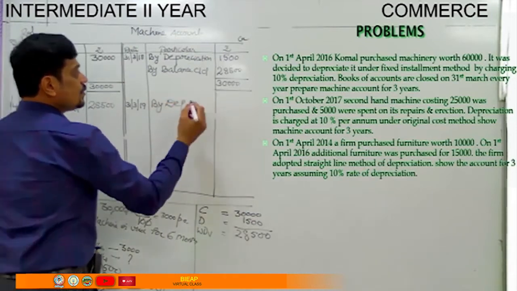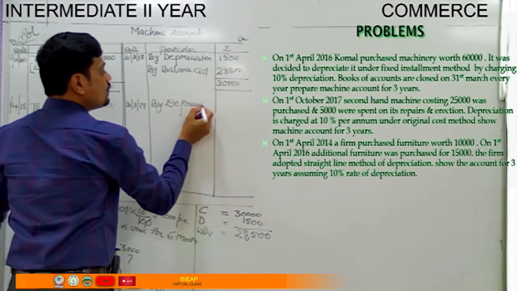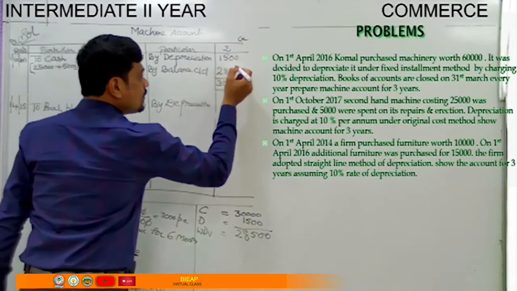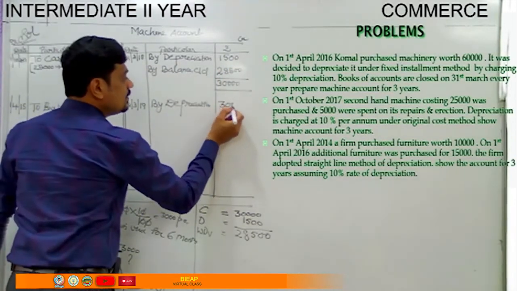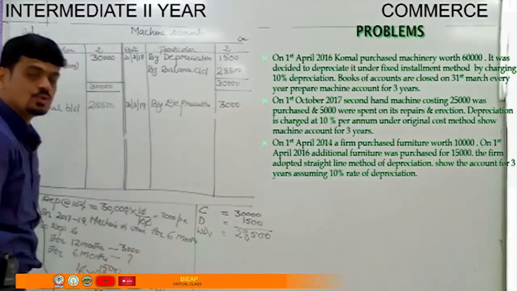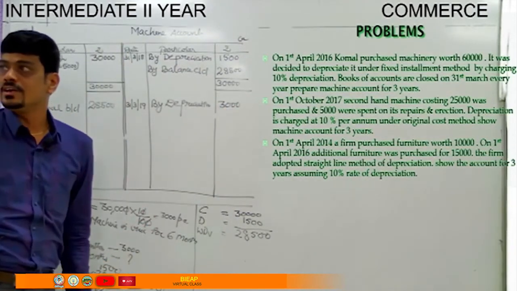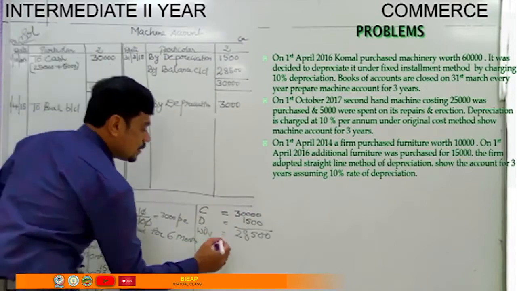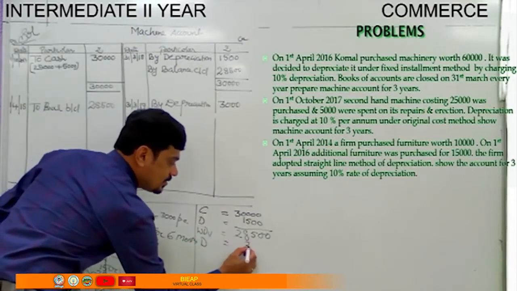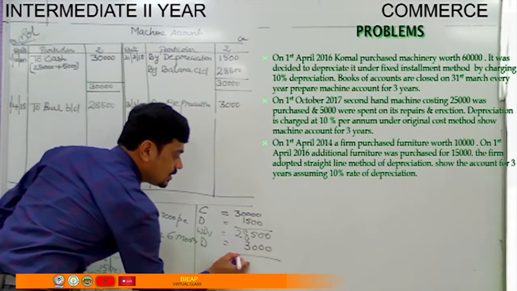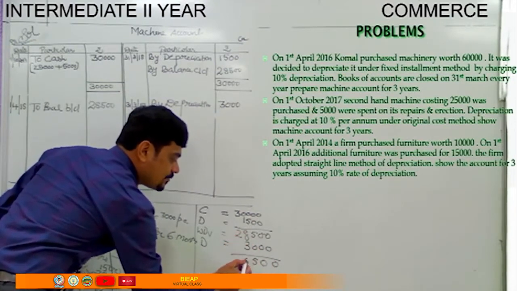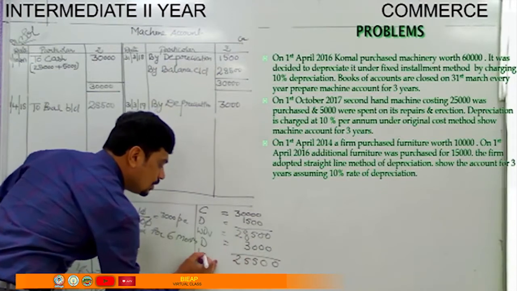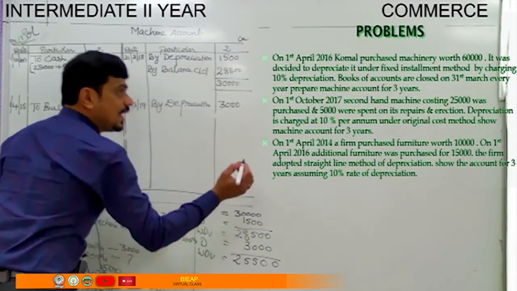How much am I supposed to charge? Not 1,500. I'll charge 3,000, because I am going to use the asset for the full year. So depreciation minus 3,000. If I subtract 3,000 from 28,500, we get 25,500. This is my written down value.